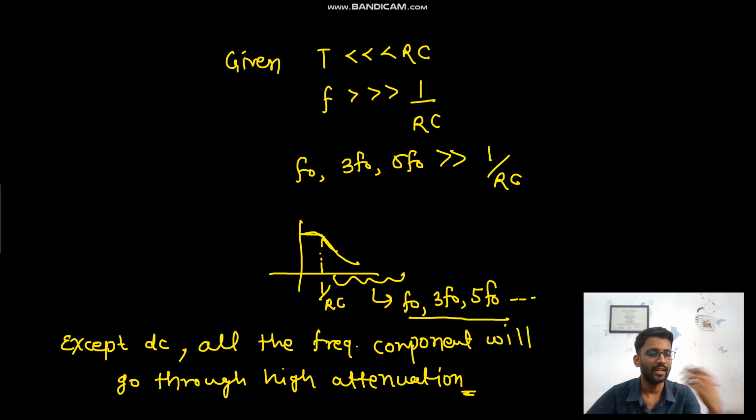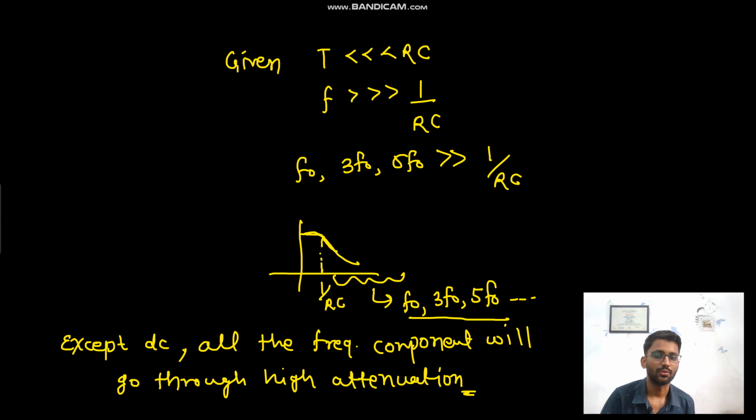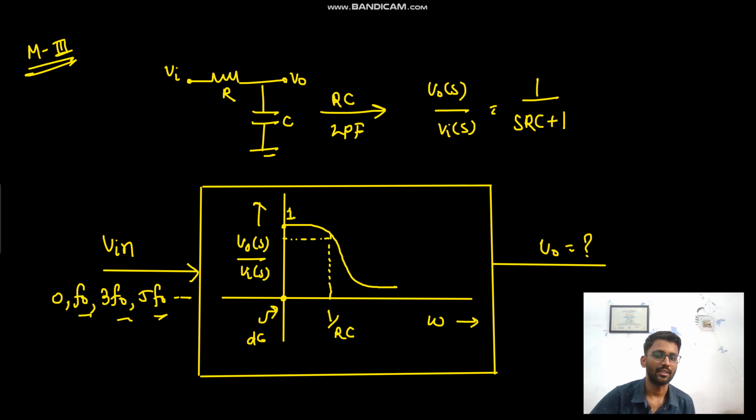If they are passing with very high attenuation, they will have a very small impact on the output. So they will distort the output waveform. They will not give you a simple DC of 5 volt, but there will be some attenuation, but the average value will be around 5 volt only. So that's how you can also analyze the circuit with the concept of a filter.